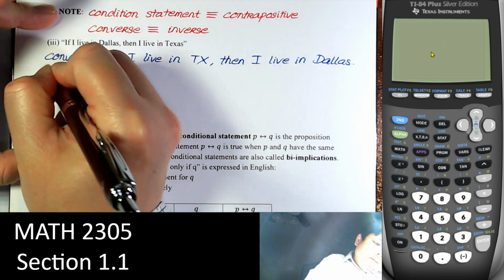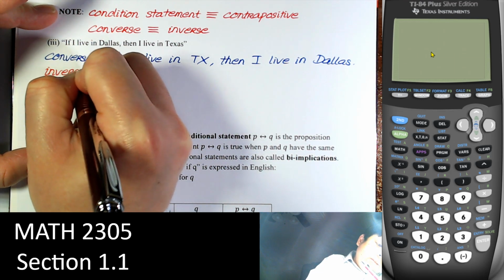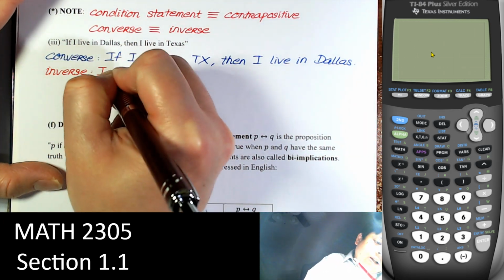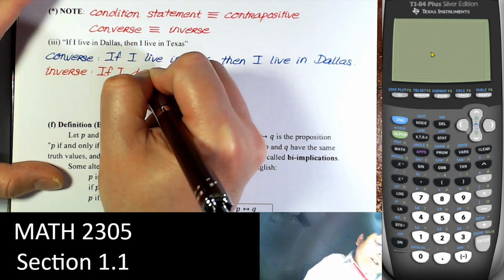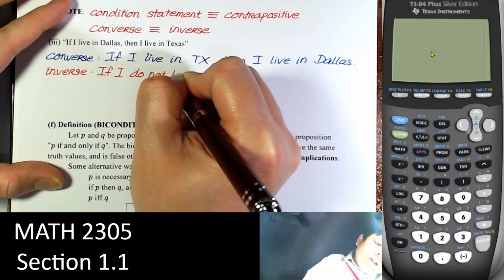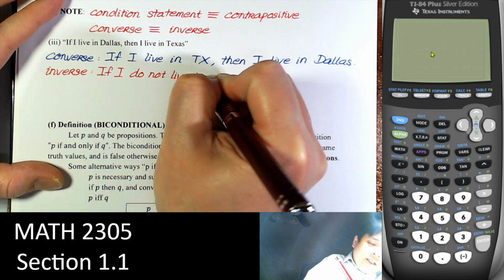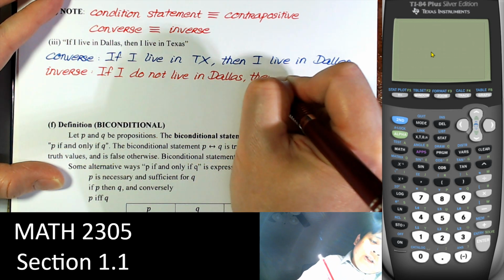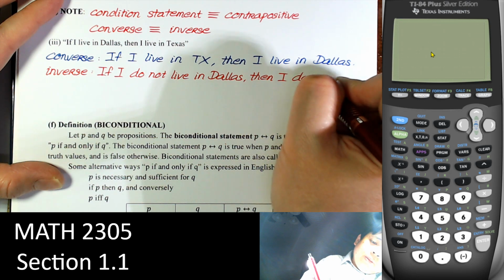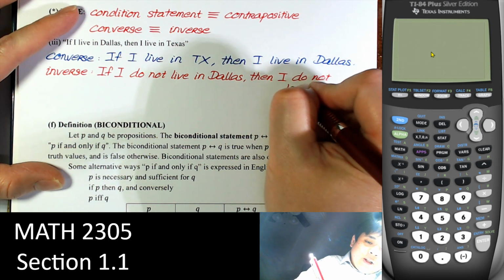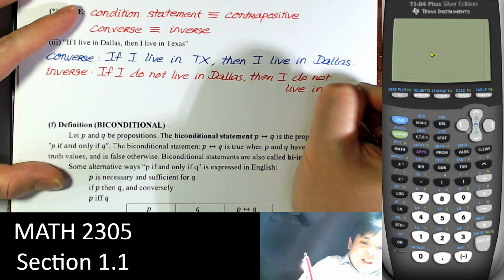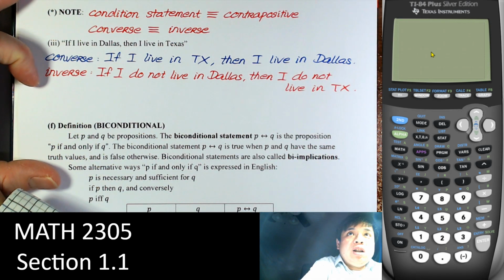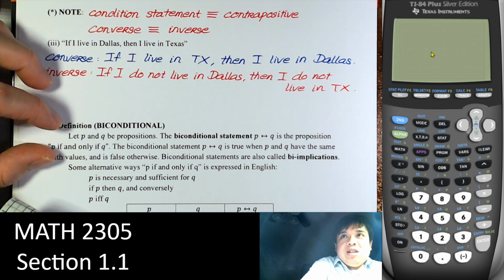And then the inverse is where we negate. If I do not live in Dallas, then I do not live in Texas. Of course, this could be the case. For example, if I live in Houston, then I still live in Texas, so that is false, right?